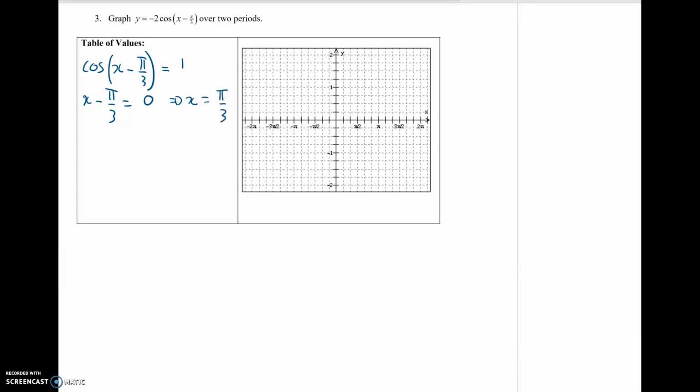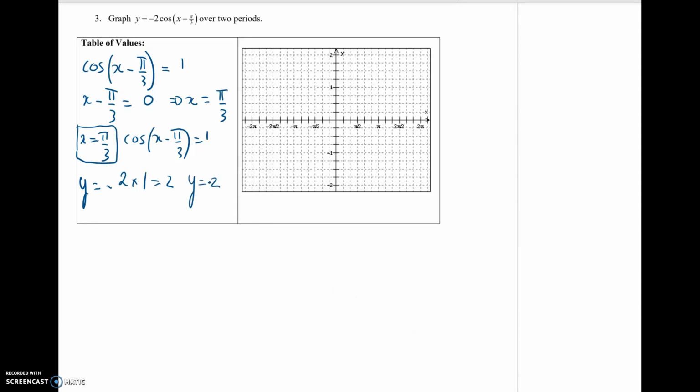So when x equals pi over 3, the cosine of the angle x minus pi over 3 equals 1, and so my function y is going to be equal to negative 2 multiplied by 1, since the cosine is equal to 1.